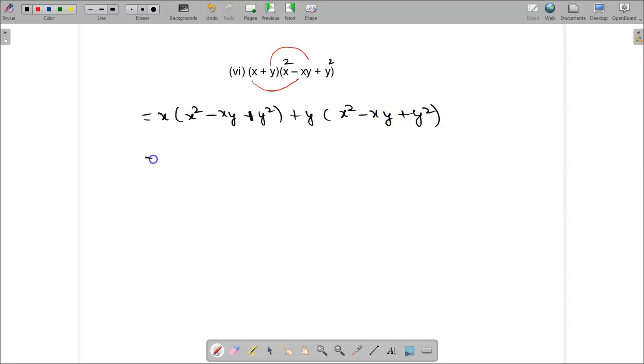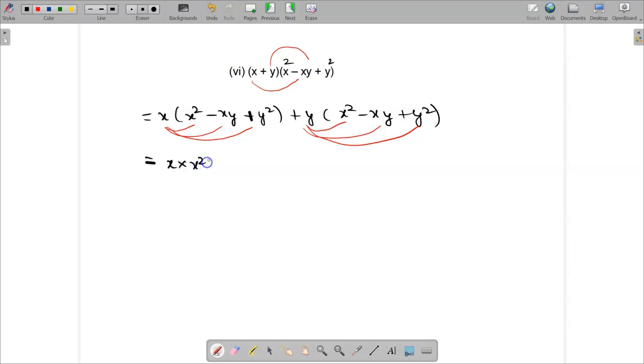So just simplify the term. Whatever the terms available within the bracket, all the terms I need to multiply with x. So x is multiplied with all the three terms available within the bracket. Similarly, plus y is multiplied with all the three terms available within the bracket. So plus into plus is plus, and then x into x square.